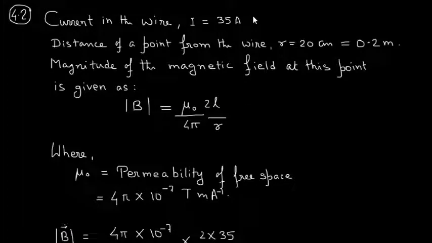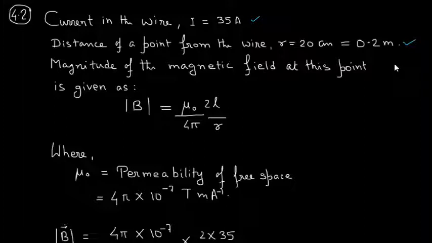So, current in the wire I is equal to 35 ampere. It is already given in the question. Distance of a point from the wire r is equal to 20 centimeter, which is equal to 0.2 meter, is also given in the question.